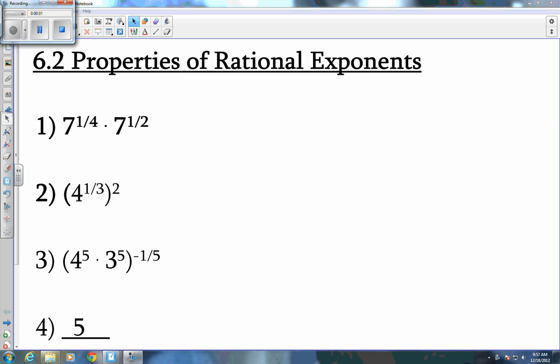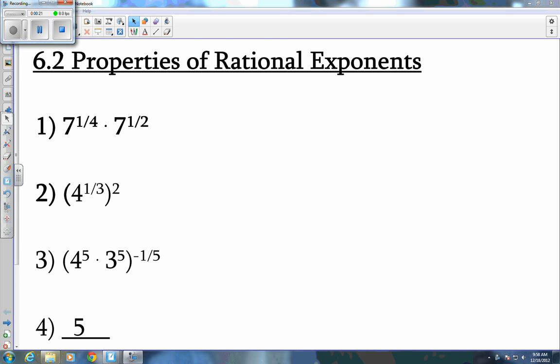6.2, properties of rational exponents. First, if I have two bases that are the same, and I'm multiplying them, multiplying like bases, what do I do with their exponents? Add them.